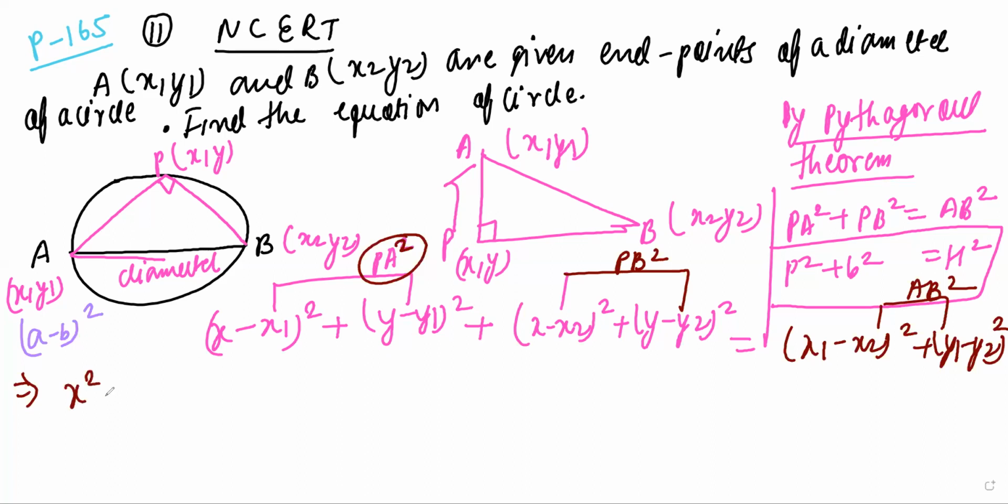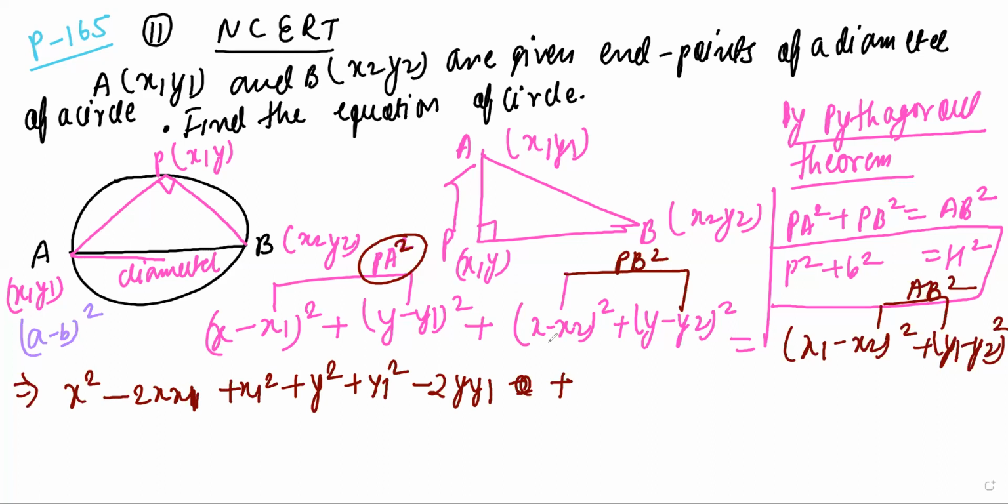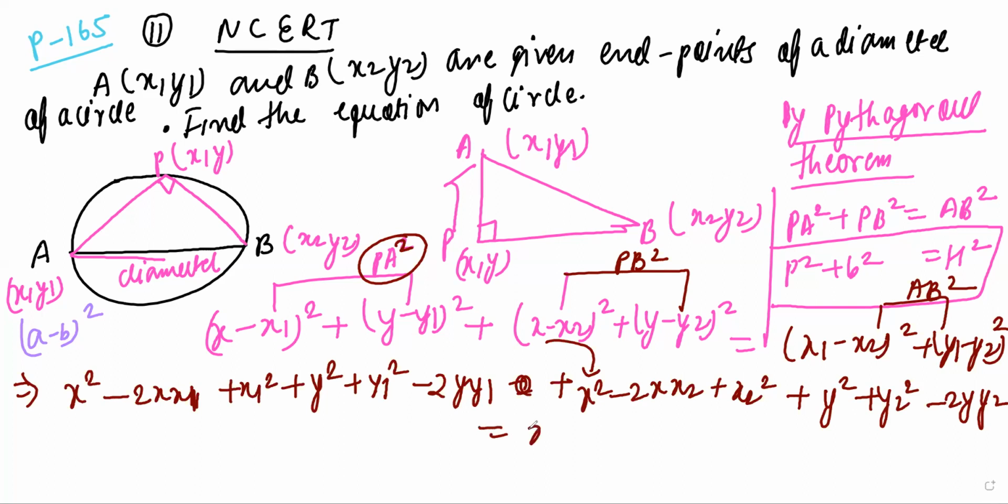So it will be x square minus 2x x1 plus x1 whole square plus y square plus y1 whole square minus 2y y1, plus, in expanded form, x square minus 2x x2 plus x2 whole square plus y square plus y2 whole square minus 2y y2 is equal to x1 whole square minus 2x1 x2 plus x2 whole square plus y1 square minus 2y1 y2 plus y2 whole square. Is it clear to you up to this point?